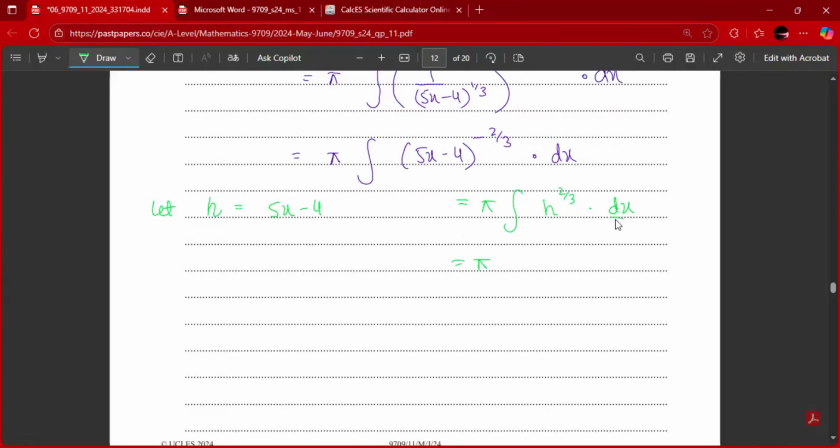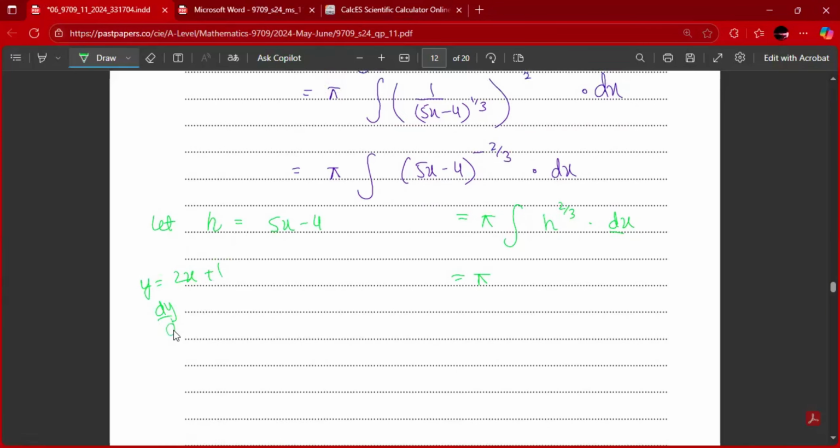Now we can replace d of x. How can we replace d of x? So if I do d of h over d of x, like if you remember, we do y is equal to something, then we do dy over dx. I know you know this one.